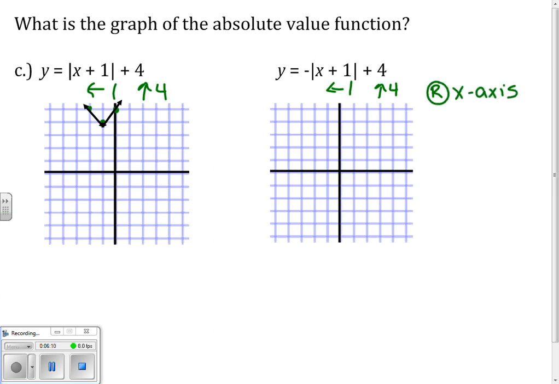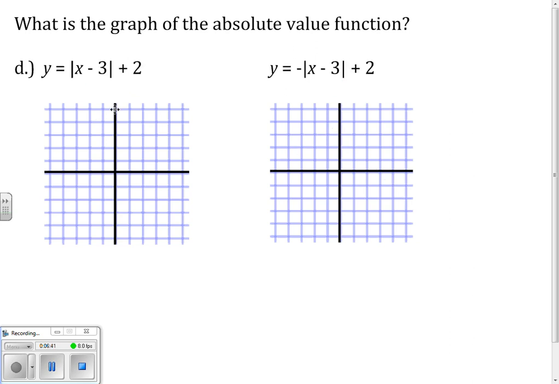So I'm going to start by going left 1 and up 4, put my vertex there, but now I'm going to go down 1 over 1 a couple of times, back to the vertex, go down 1 the other way over 1 a couple of times. When you've got translations going in other directions, your V-shaped graphs don't look as symmetrical because you're taking it from end to end. That's okay. You'll notice some of these will start looking like check marks or upside down check marks. And there's nothing wrong with that.